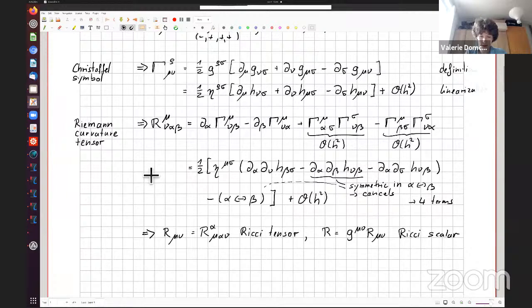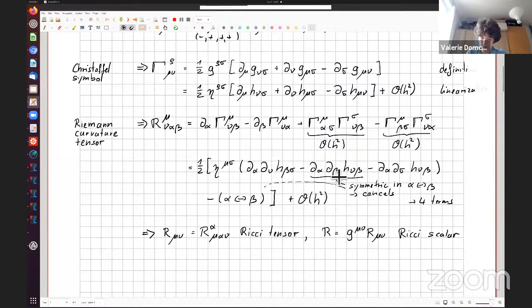So we can plug this expression for the Christoffel symbol into the expression for the Riemann curvature tensor, do all these derivatives and contractions, and we end up with this expression here. In particular, we have some terms which are symmetric in some of the indices. For example, this term is d alpha, d beta, so of course I can commute the derivative, and this is the same as d beta, d alpha.